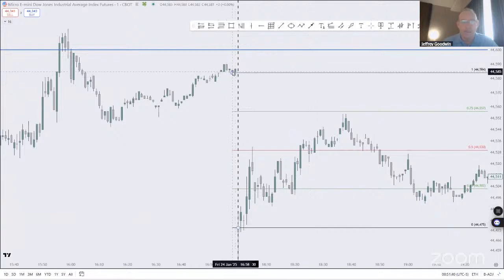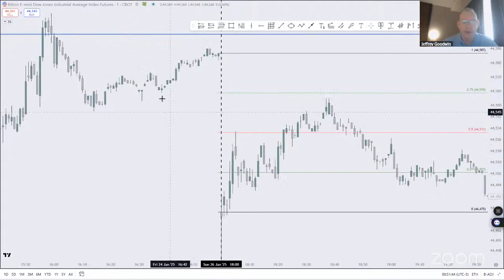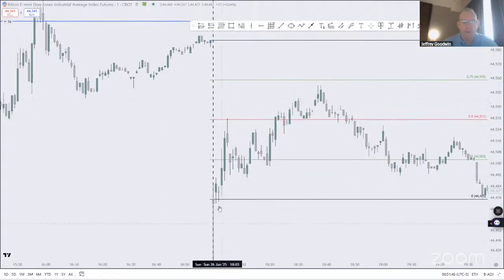Okay, there was the close of Friday, there was the open of Sunday. See, it's already come back more than a 50% retracement. It's left this space here. This has been left open.